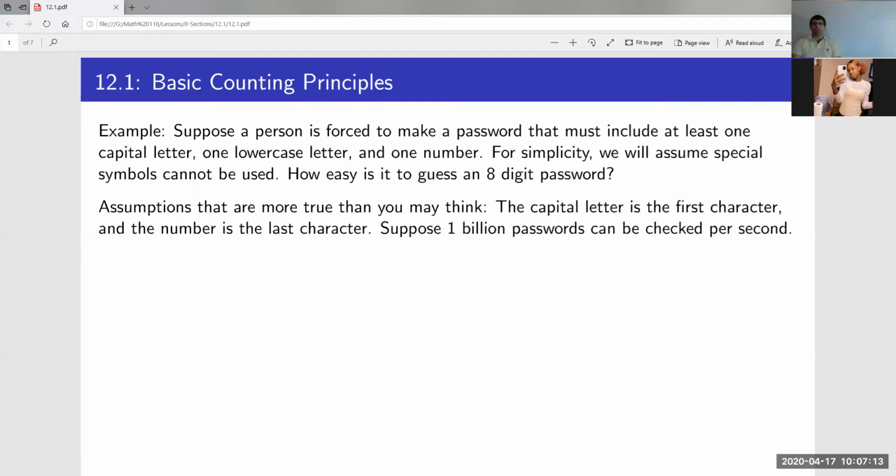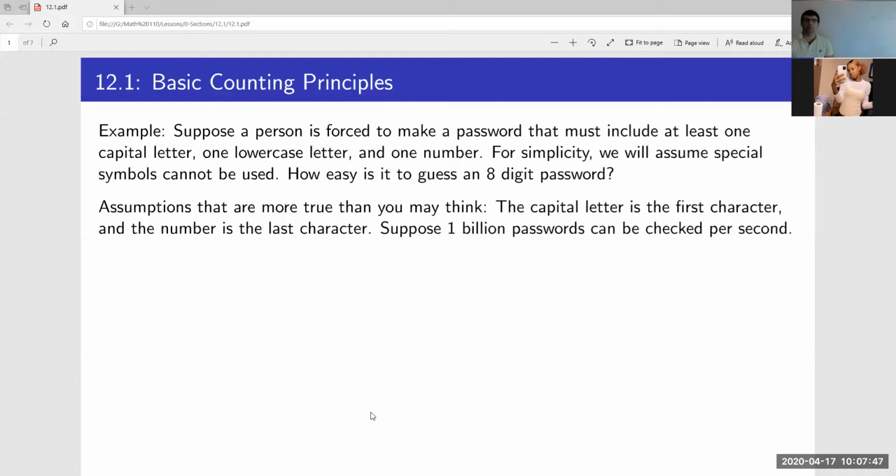So this is something that is pretty common, and with computing getting to the point where it is, suppose you can check 1 billion passwords per second. Okay. So how many different passwords can we have?